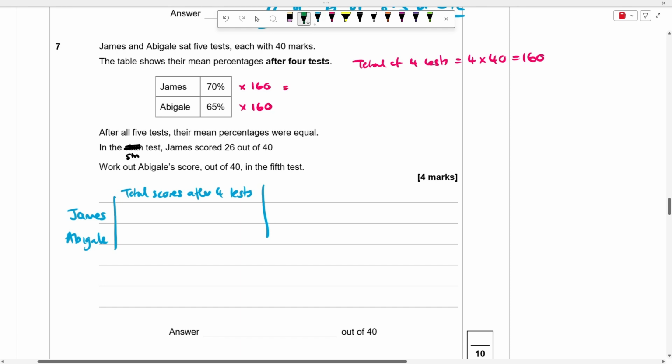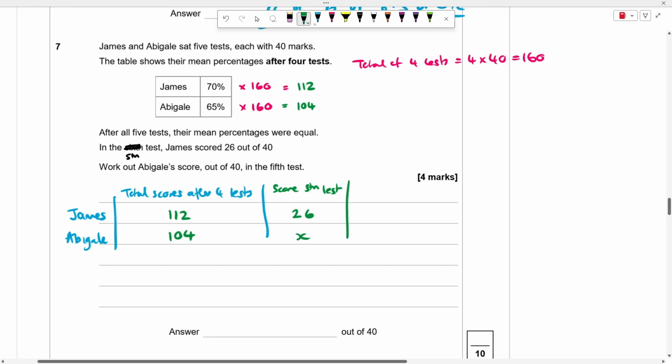Now, if I do 70% of 160, that's going to give me an answer of 112. And if I do 65% of 160, that's going to give me an answer of 104. So that's 112 and 104. Now, the score from the 5th test was 26 for James, and for Abigail, I'm going to call that X as I don't know what it is.